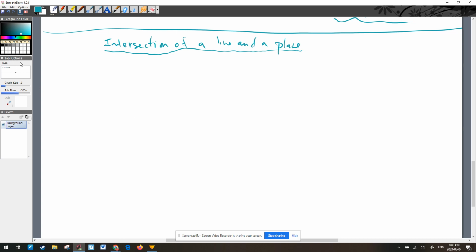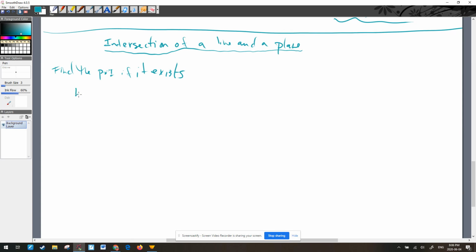Okay, so let's look at this one. We'll start out with another easy one. Let's go with an easier case. So if I want to find the POI, if it exists, of the following two things, a line and a plane.